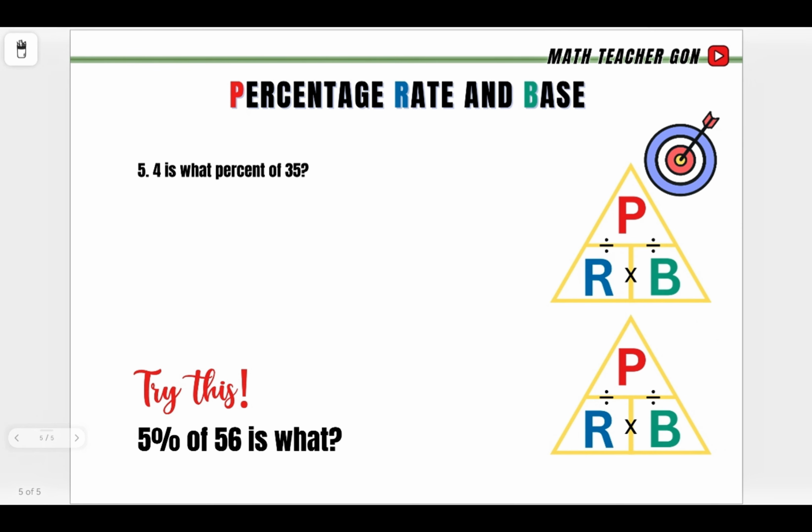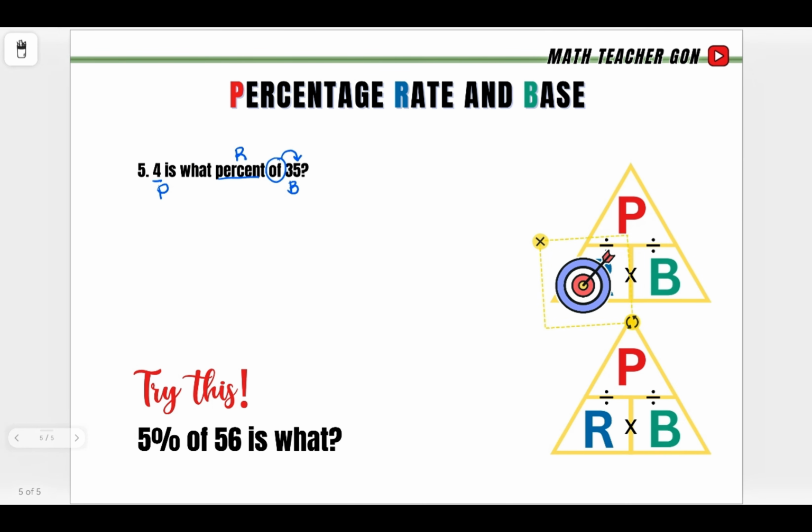Another example. 4 is what percent of 35? So identify 4. Beside is your P. What percent? You're looking for percent. This is your R. The word of signifies your B. So therefore, in this question, the missing term is R. For the formula, you have R is equal to P divided by the base.